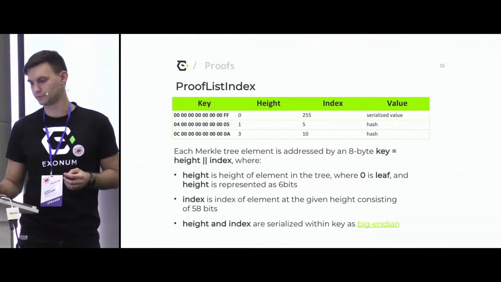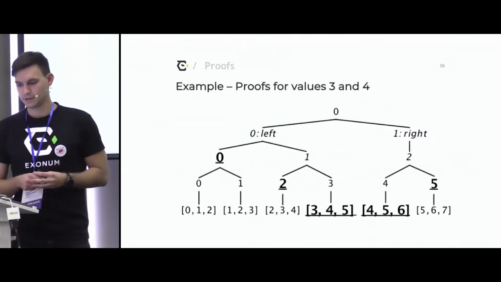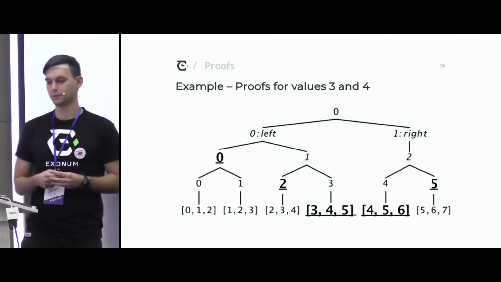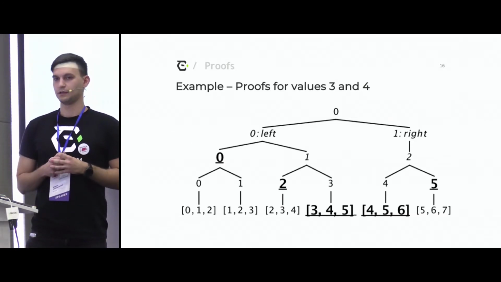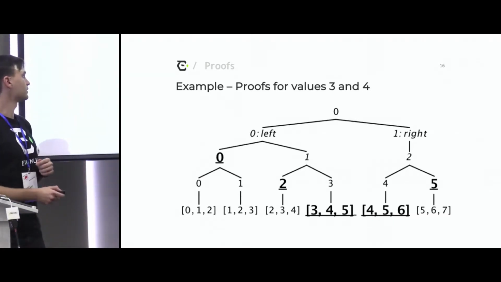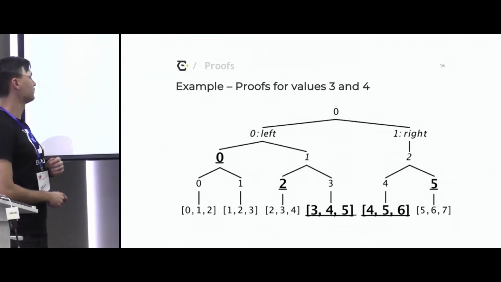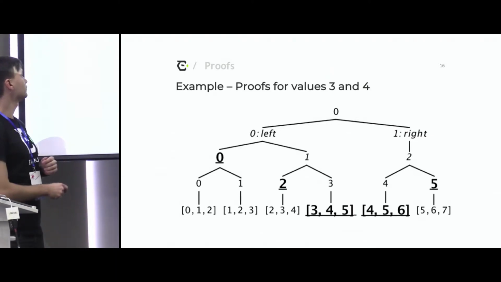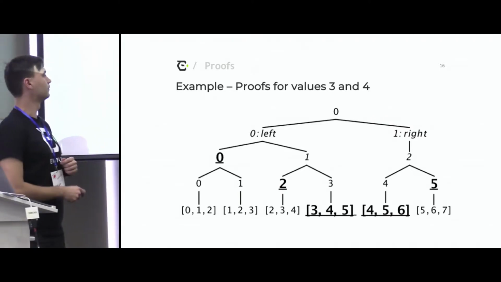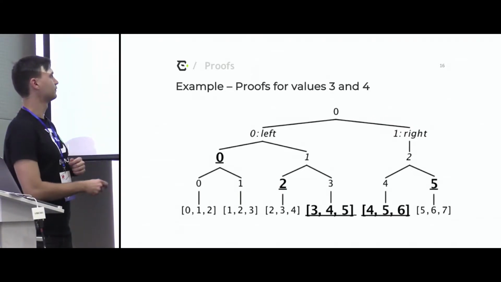And let's move to the proofs. It's a simple example. We have a very small tree, and let's pretend a user wants to know the proof path for this value and for this value. The actual path will be like here for this value, and like here for this value.